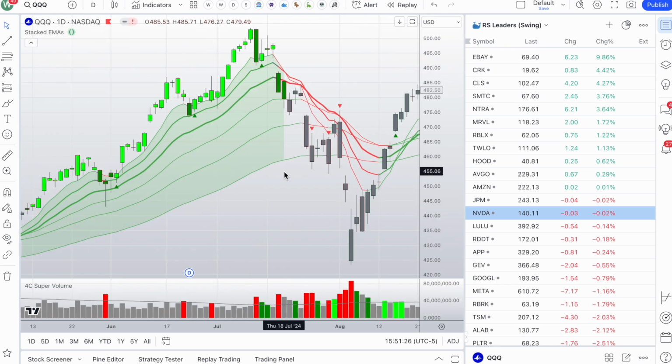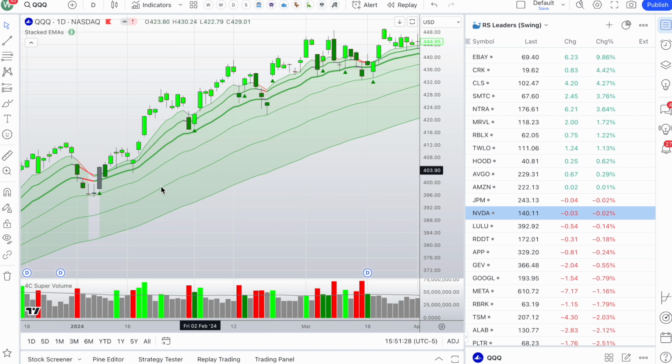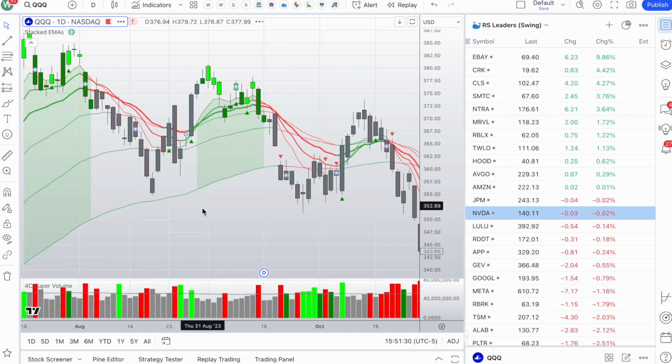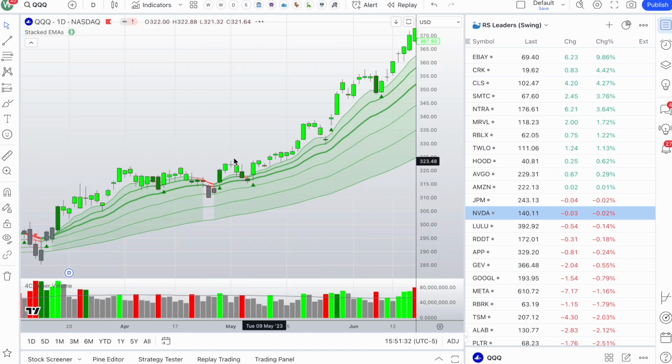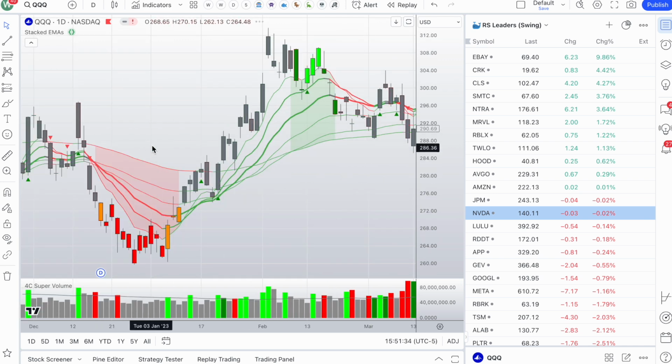So on the daily, you'll see these neutral zones, these cloud breaks. But as the higher time frames like weekly and monthly stay green and up and to the right, that's a good backdrop to have. So time frame is key.